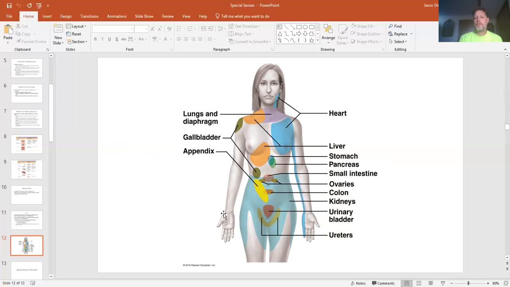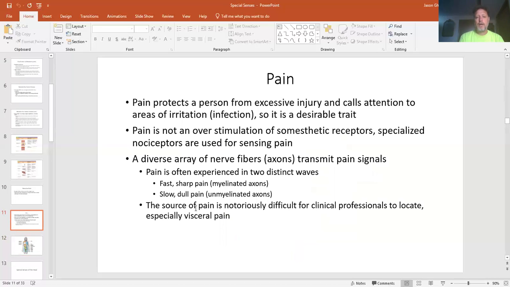So these are typical referred areas for certain organs that the doctors can really use. If you're having this pain in certain areas, like, okay, it's probably this, we'll start looking for that. But this gives them the idea and gets them going in the proper direction. This is referred pain. And this is why, again, pain is difficult to locate, especially the internal organs.